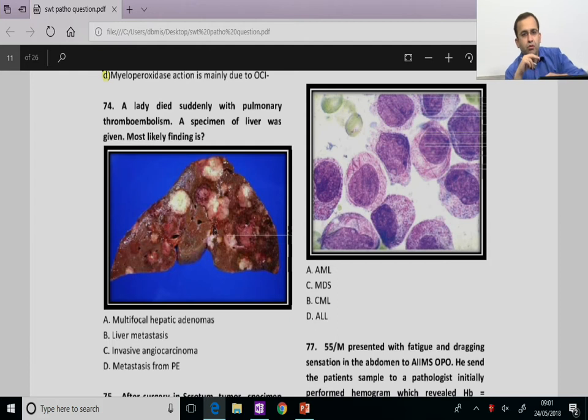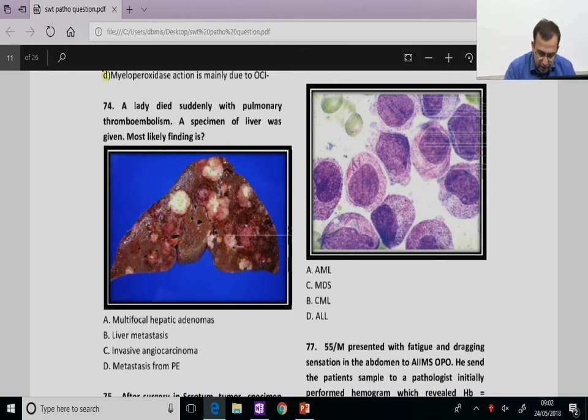So what happened was either HCC, hepatocellular carcinoma, or any other liver cancer, or any other cancer of the body which metastasized to the liver, and then it went to the lungs as metastasis, in turn leading to thromboembolism and death.